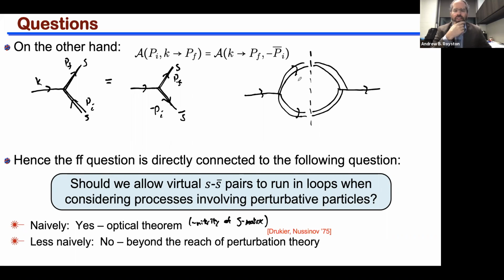Less naively, the answer is no, because certain arguments based on the coherent state picture for soliton-anti-soliton pairs indicate that such contributions are beyond the reach of perturbation theory.